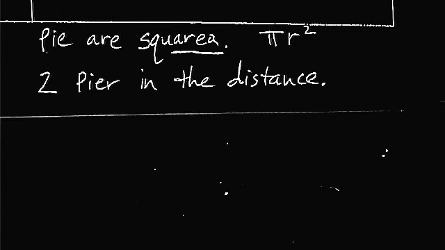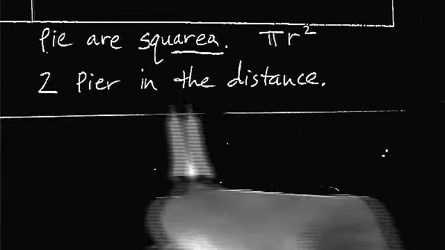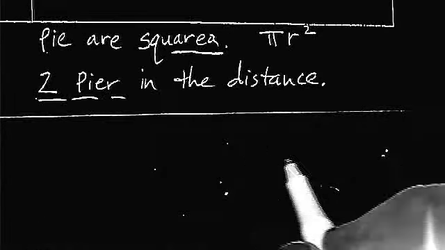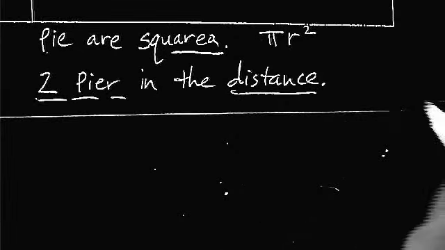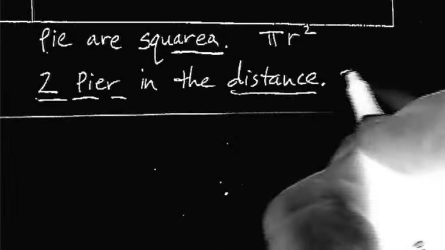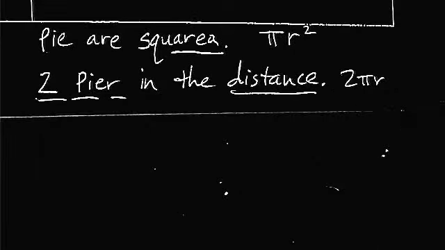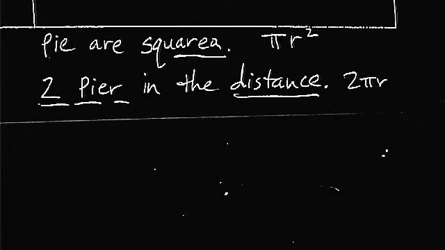But then look over there and say, to peer in the distance. That's the same thing, right? To peer in the distance. Oh, look, there it is. 2 pi r. Distance is the circle around. It's going around like circumference. 2 pi r. Yeah, I know that was a little bit of a stretch, but hopefully that helps you.